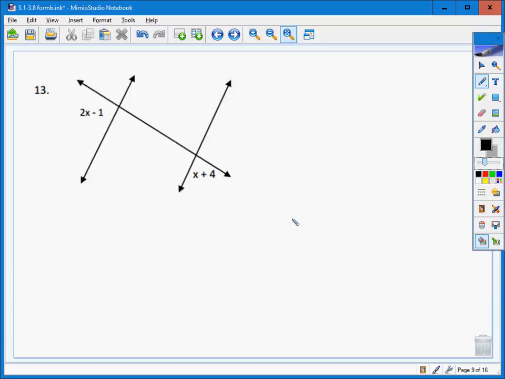Taking a look at this problem, this is x plus 4. This would also be x plus 4. This is 2x minus 1. These two angles would be 2x minus 1. These two angles now are same side interior, so they should add up to equal 180 degrees. 2x minus 1 plus x plus 4 should be equal to 180 degrees.